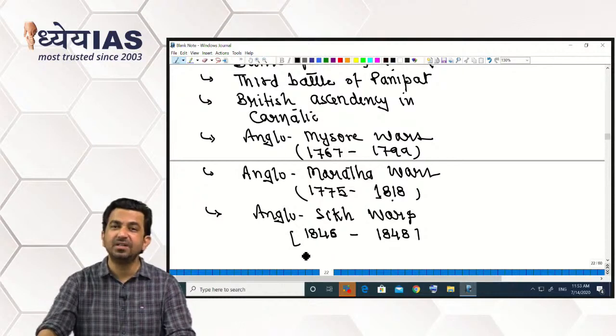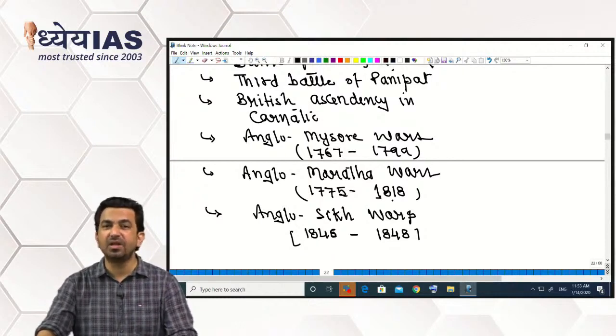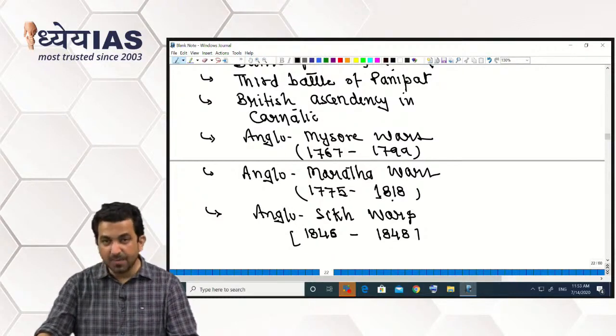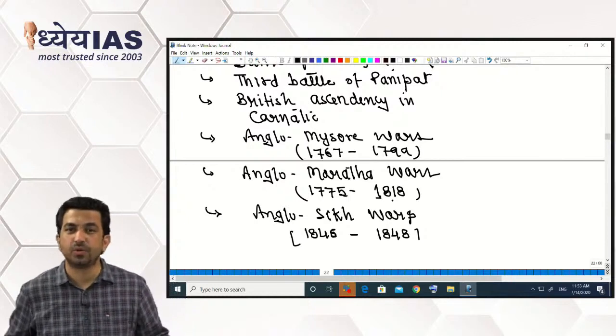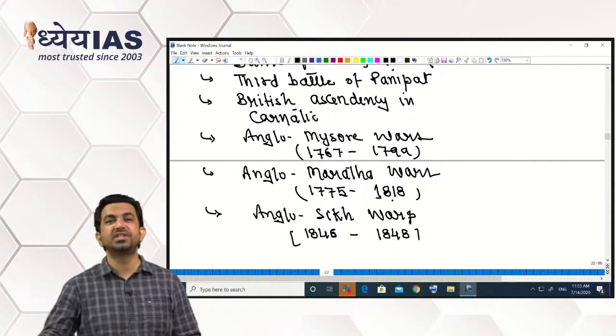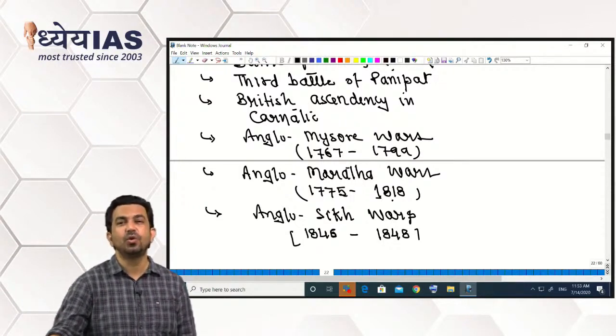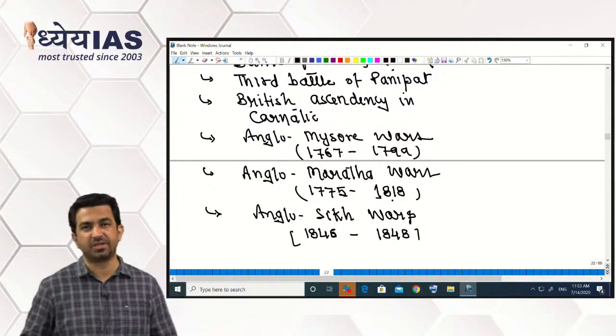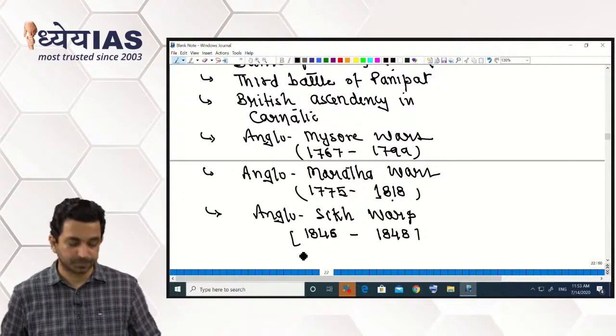So several Raja Rajwadas and Nawabs continued their rule by the grace of the Britishers, and they became subordinate powers, not the absolute power, but subordinate powers, controlled by the British Parliament and the British Crown.